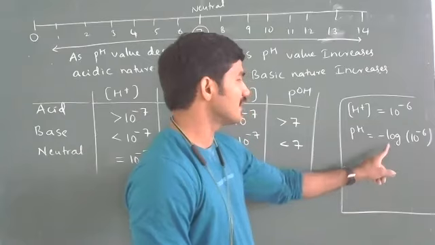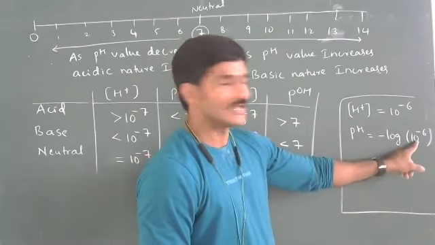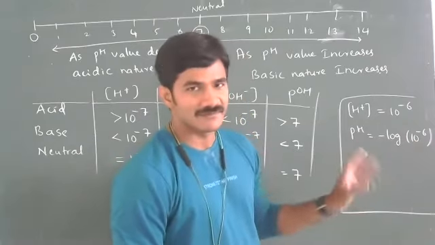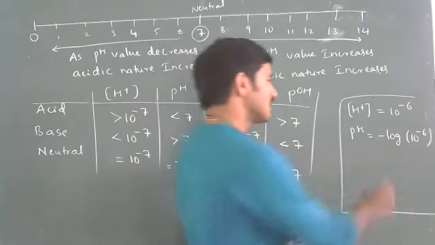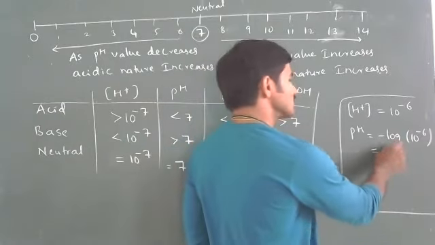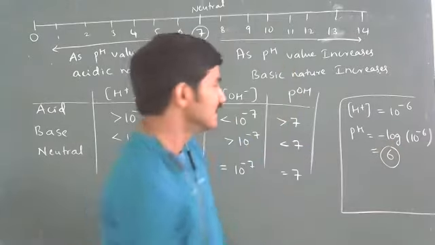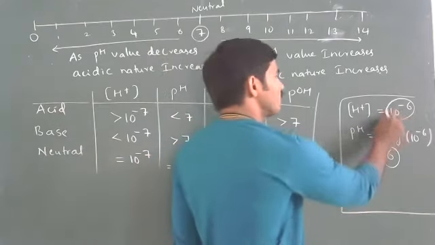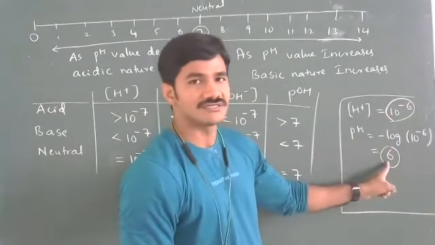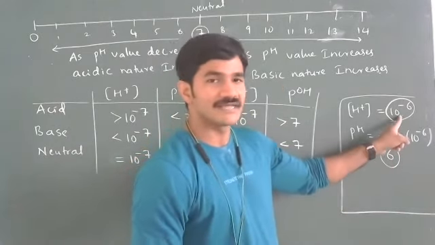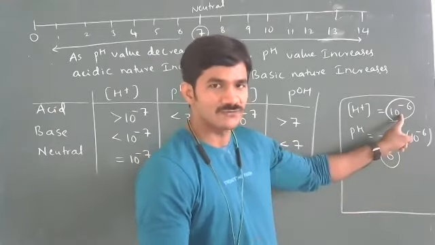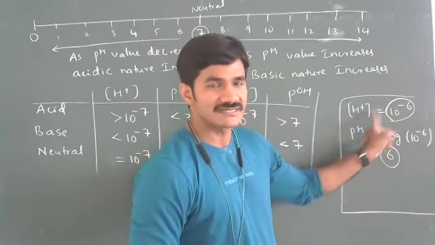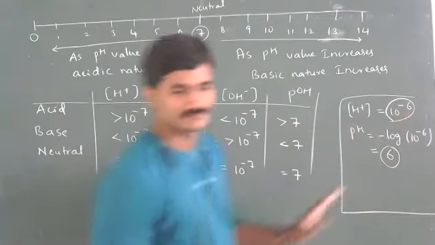According to the formula, pH is equal to 6. If H plus concentration is 10 power minus 5, pH is 5. If 10 power minus 4, pH is 4. If 10 power minus 1, pH is 1.